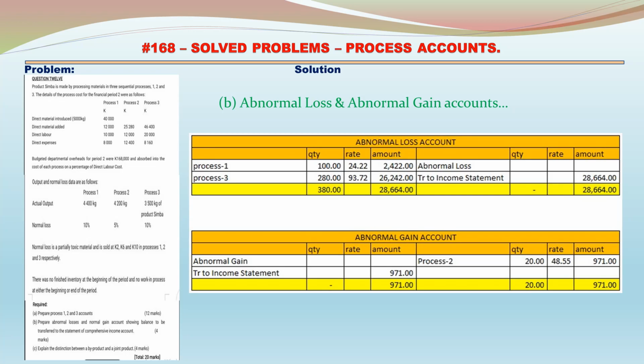Total abnormal loss 380 units and the value is 28,664. On the credit side, abnormal loss transferred to income statement 28,664. Abnormal gain account on the credit side: process 2, 20 units at the rate 45.52, amount 971. On the debit side, abnormal gain transferred to income statement 971 rupees.